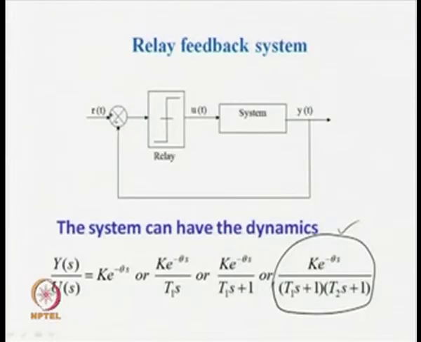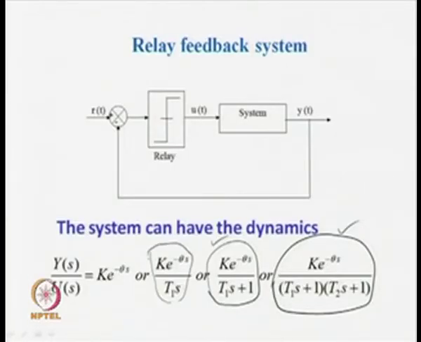With different limiting values, it is possible to obtain the system dynamics in first order plus dead time form, which is often given in the form K e^(-θs)/(T1 s + 1), where K is the steady state gain of the system, θ is the time delay associated with the system, and T1 is the time constant of the system.